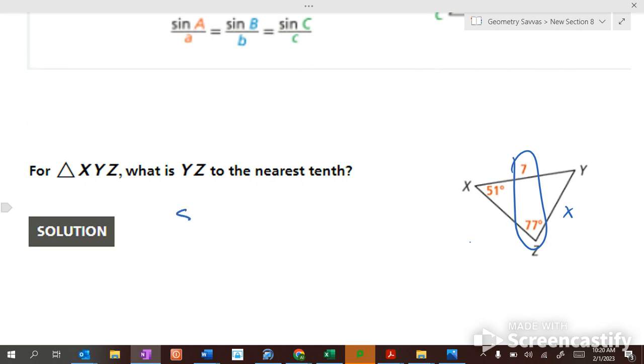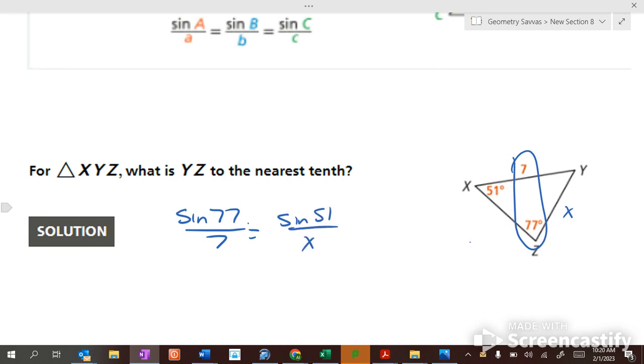So we could just say the sine of 77 over 7 equals the sine of 51 over X. Cross multiply. X sine of 77 equals 7 sine of 51.